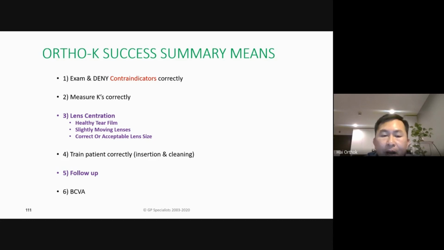However, if it is something like 20/40 and you cannot correct any more visual acuity, it's not good. But if you have 20/80, for example, and you can correct the BCVA up to 20/20, that is better for the patient.